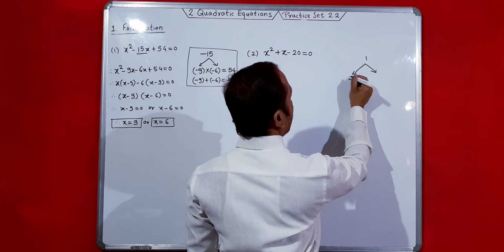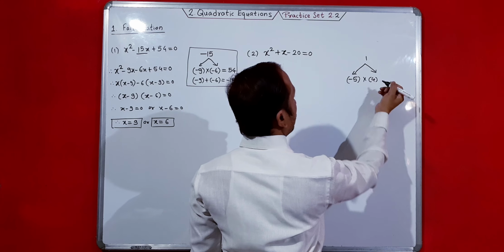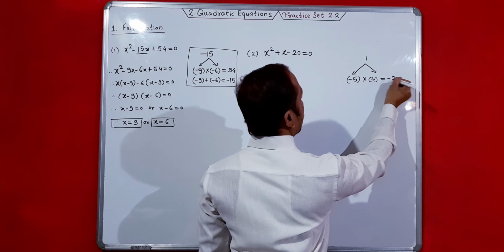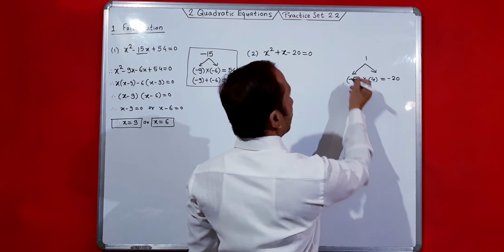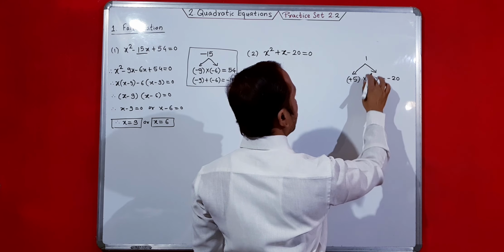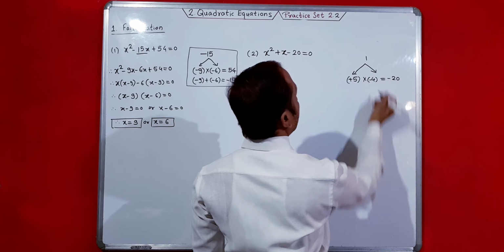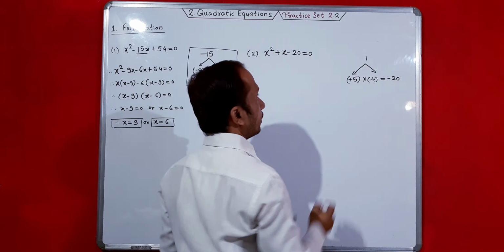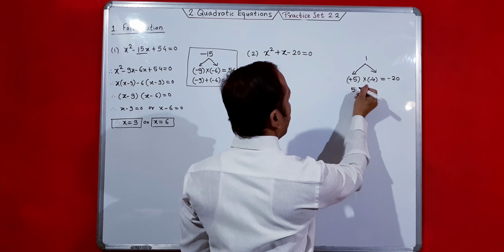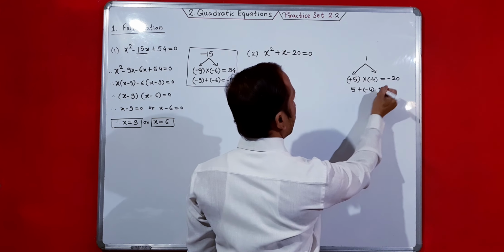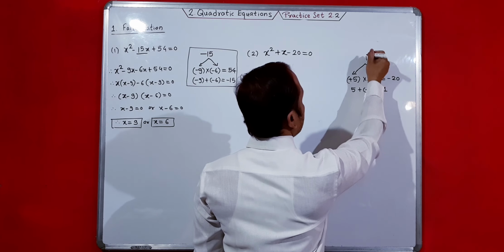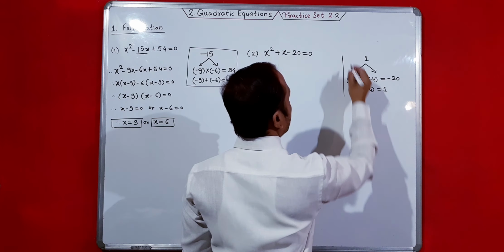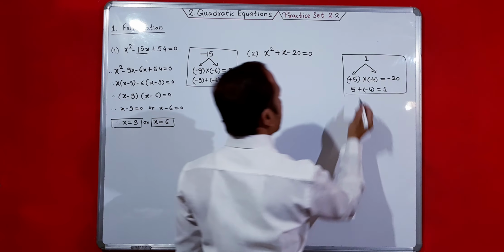So minus 5 into plus 4 will give you product minus 20. Now plus 5 into minus 4, plus 5 into minus 4 gives the product minus 20, and 5 plus minus 4 gives you 1. So these are the factors of this quadratic.